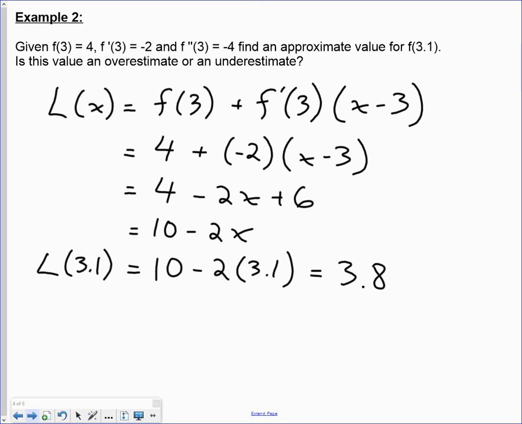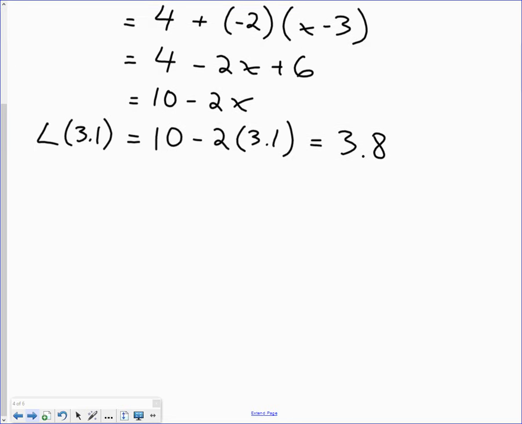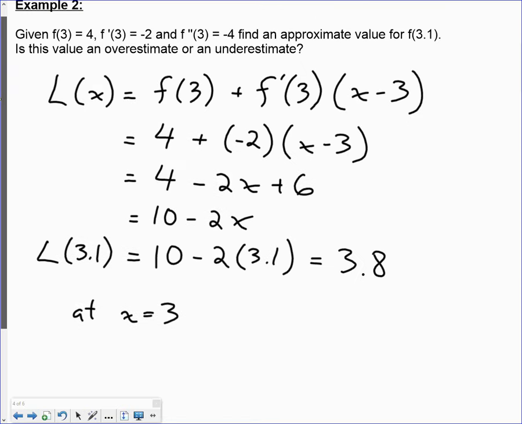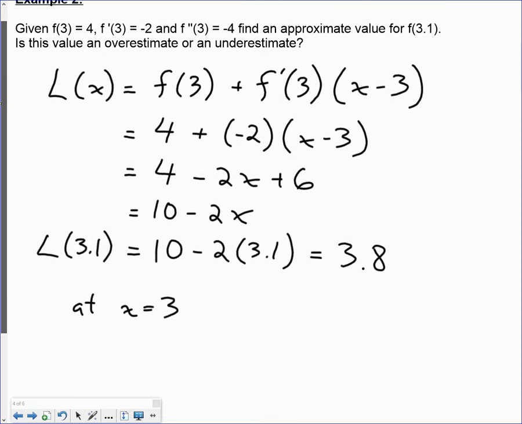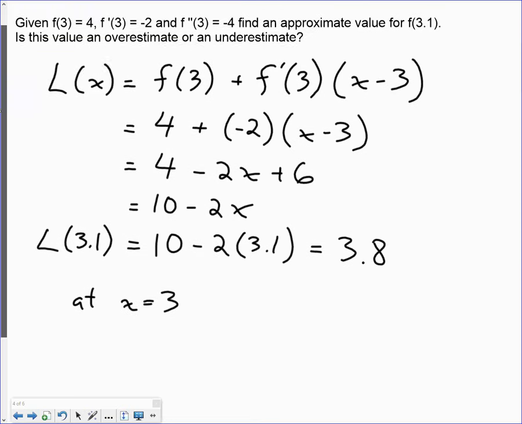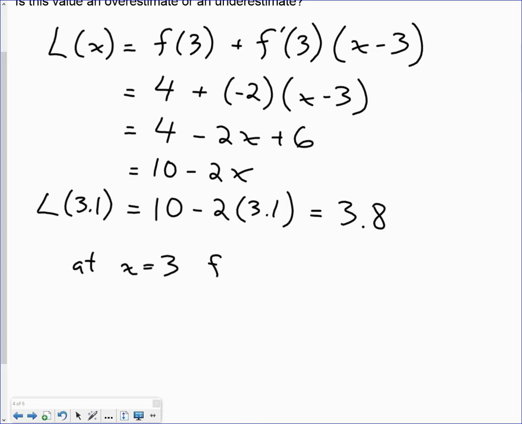Now, is this an overestimate or an underestimate? Well, at x equals 3, f double primed at x is -4. So f double primed of x is less than 0. If our second derivative is less than 0, our curve is concave down.